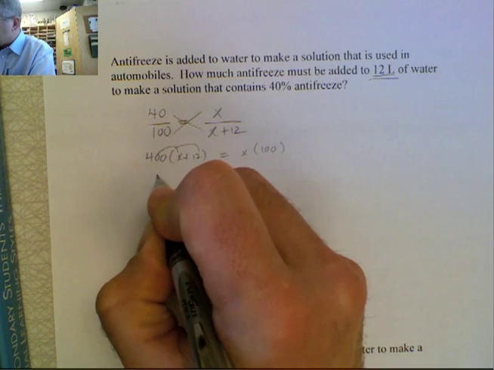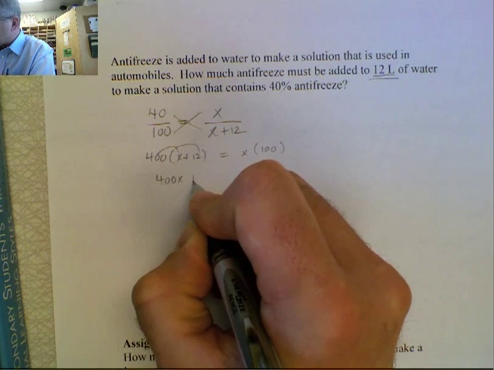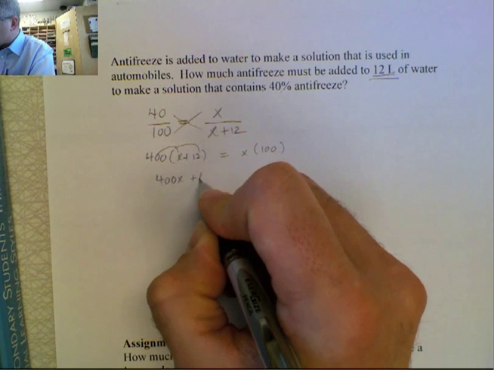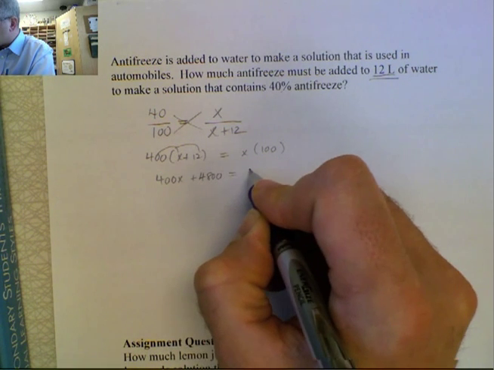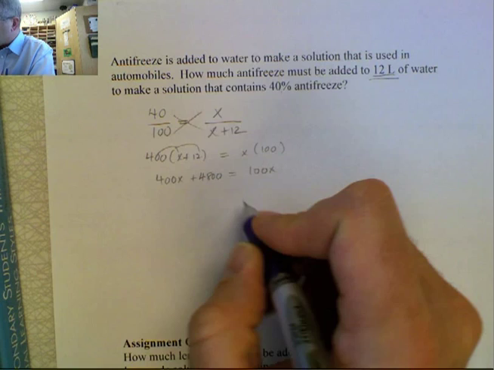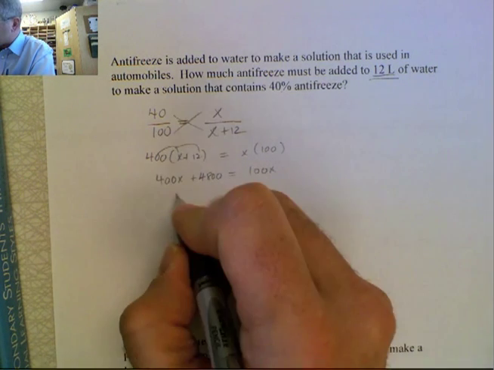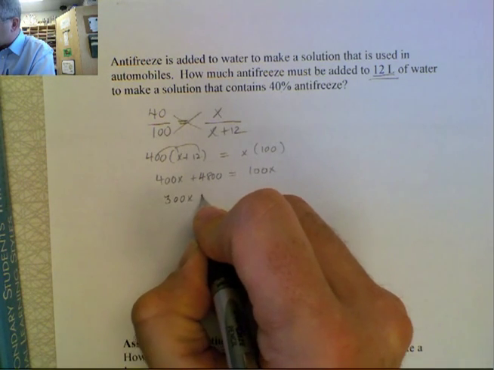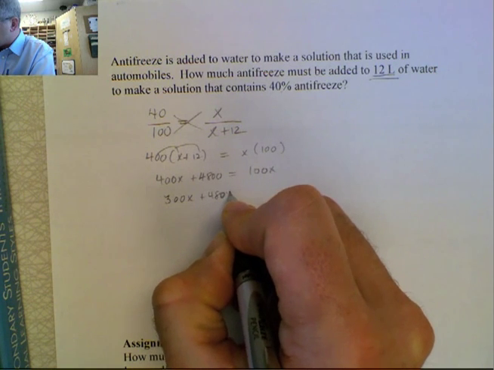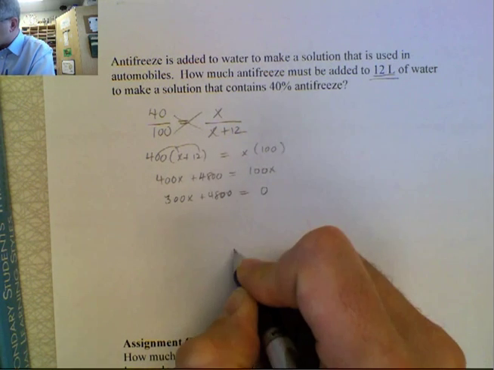If we expand, we get 400x plus 4800 equals 100x. If we subtract 100x from each side, we get 300x plus 4800 equals 0.